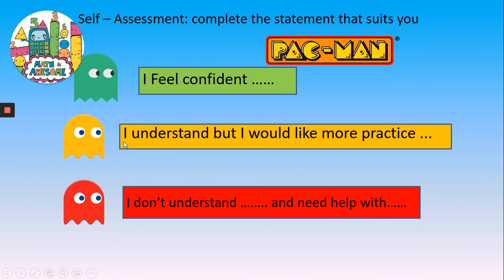The second one is I understand, but I would like more practice. So choose a topic that you think you would need to practice a little bit, and then choose a topic from the test that you really don't feel happy about at all. So for example, identifying different types of graphs, you could choose that, and that would be your red topic.